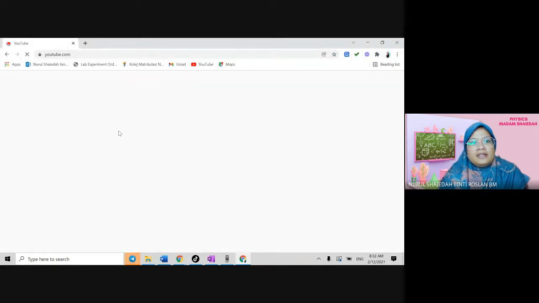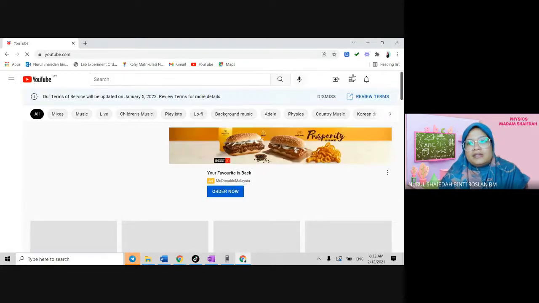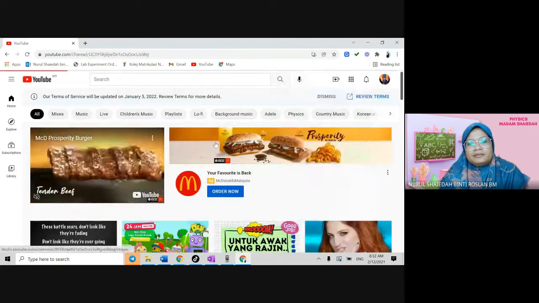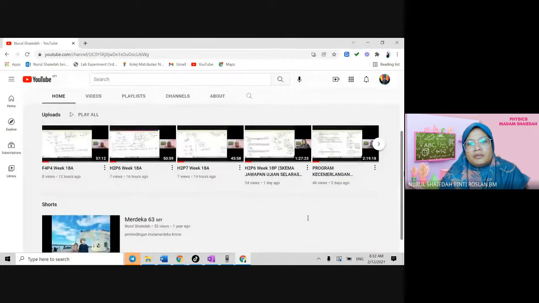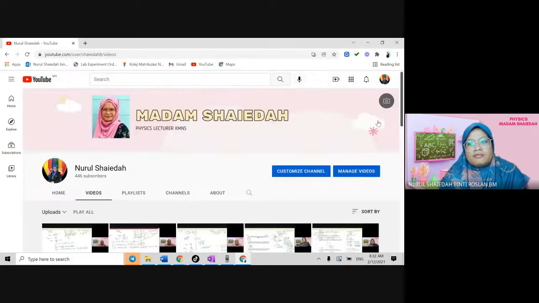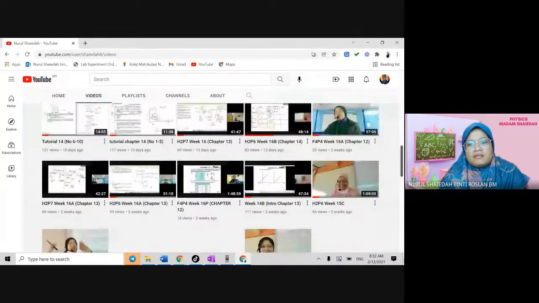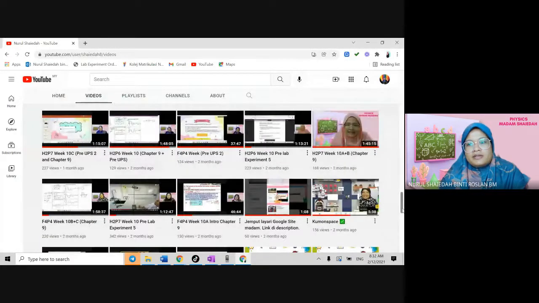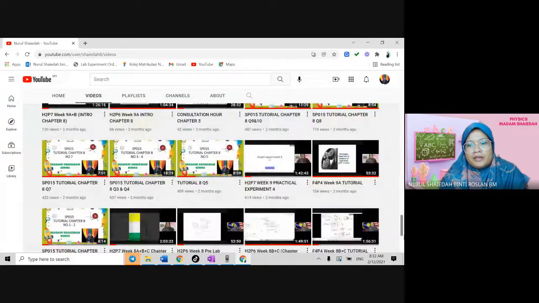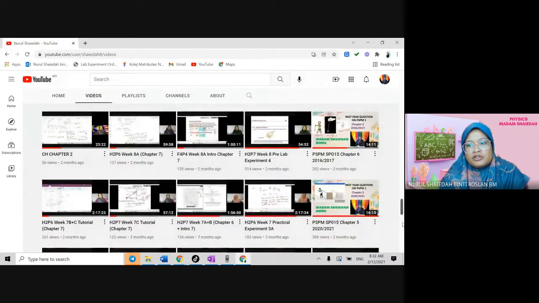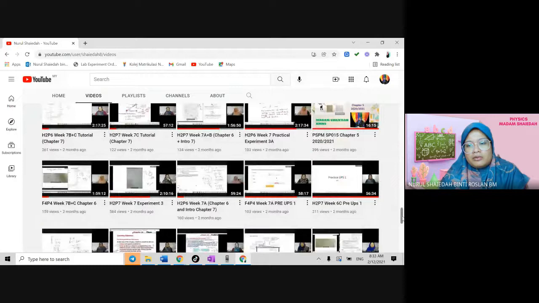Yang ini saya ada explain rasanya dekat Aku nak tengok ni. Saya siap buat ni lagi, gambar-gambar. Cerita. PSPM Chapter 2. Gambar orang naik basikal.